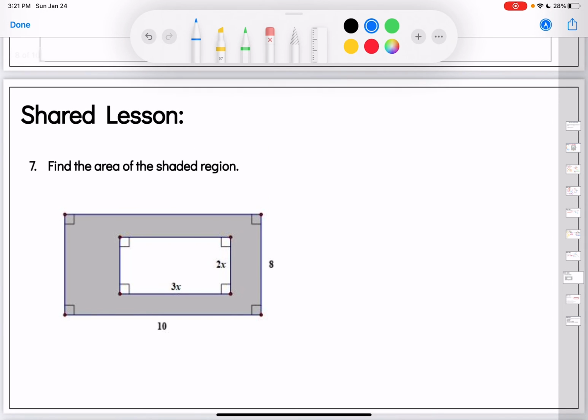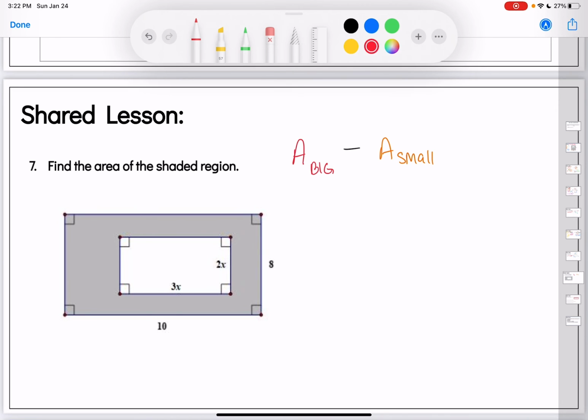So here's some situations again where you might see that interesting multiplying of polynomials. Here, just like our warm-up, we want to find the area of the shaded region. But this time, I have polynomials. So just like the warm-up, I'd want to do the area of the big minus the area of the small.